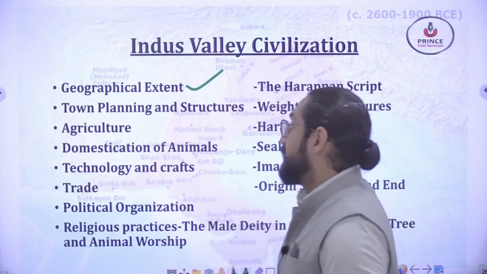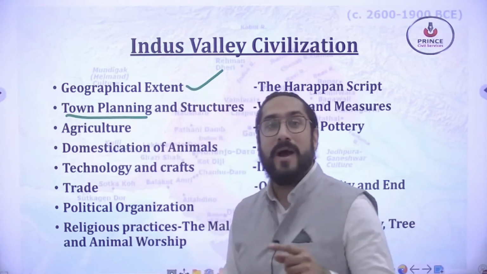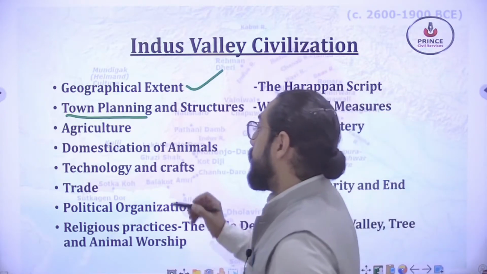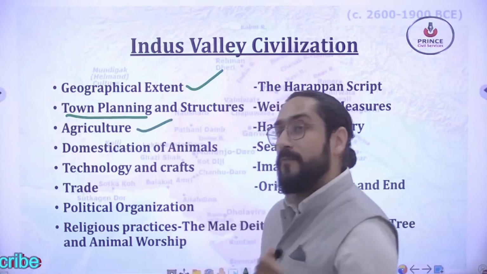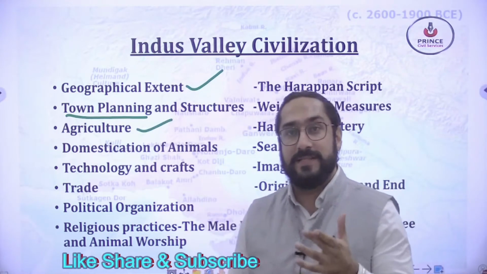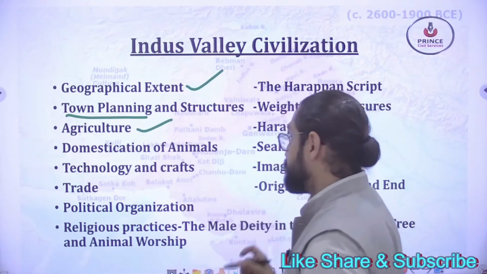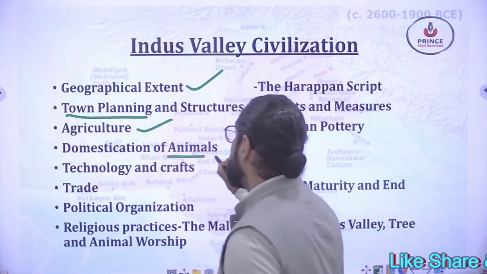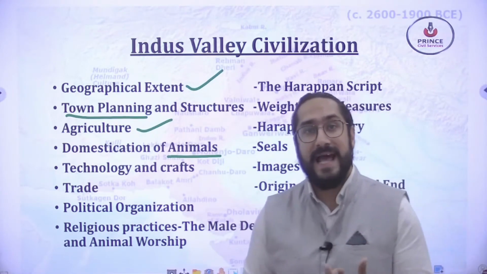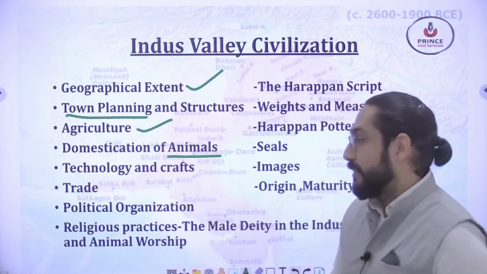Then the most important feature is town planning, and I'm going to put some questions from town planning today. The next topic is agriculture: what type of crops they had, whether they went for plowing, whether there was canal irrigation or not. Then what type of animals they domesticated, whether there was cow, bull, cat and so on.